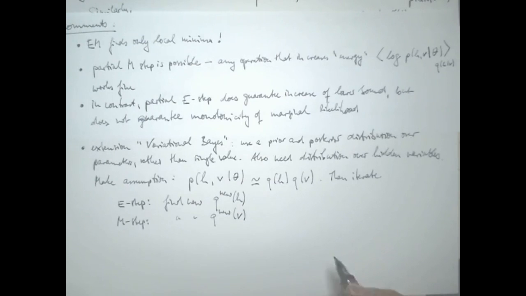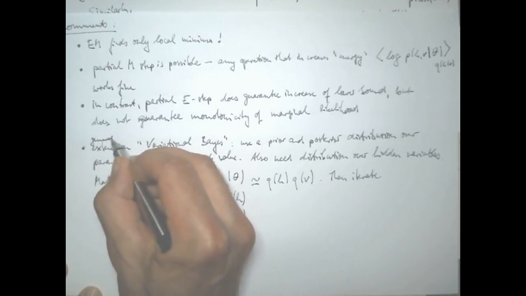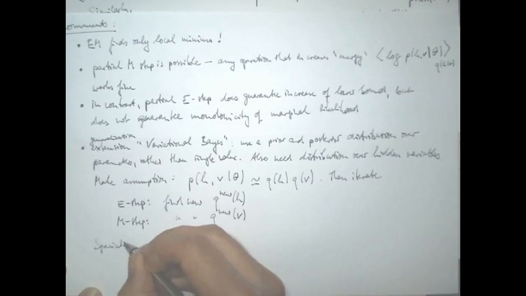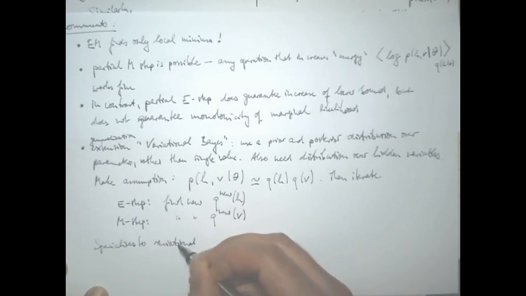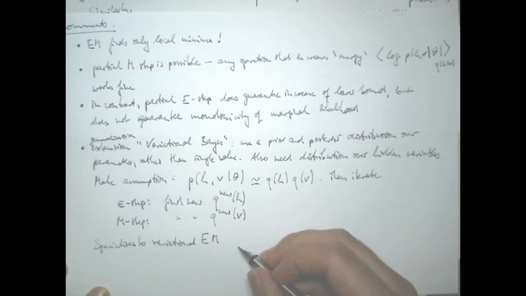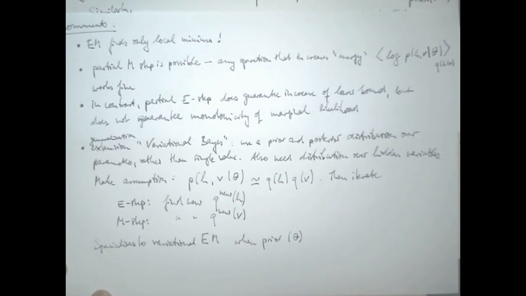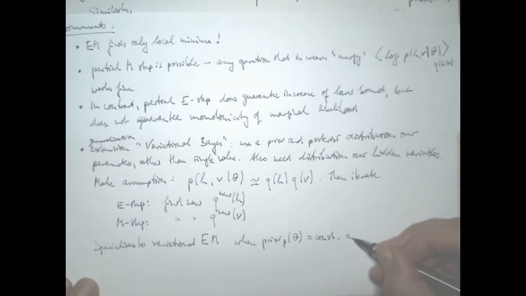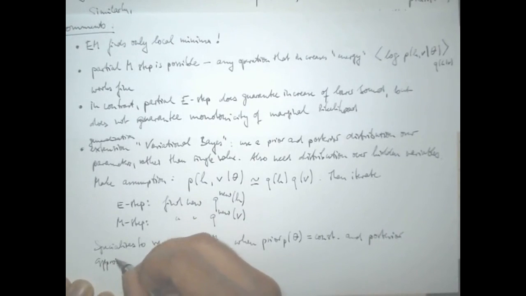And I call it an extension. I could also have said it's a generalization because it specializes to the variational EM when the prior over your parameters is uninformative, and when the posterior is approximated by a single point rather than a full distribution.